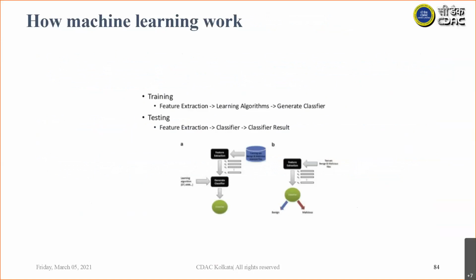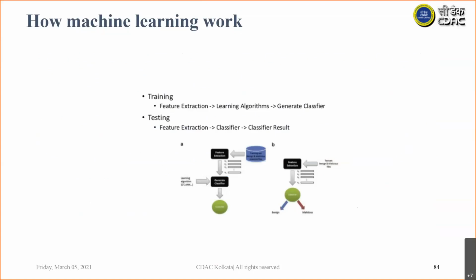There are two steps in any machine learning based or artificial intelligence based malware analysis. One is the training phase, another is the testing phase. If you have a sufficient number of data files of both the malware and benign files, you can use these as training files. After that, you can extract the features from them.